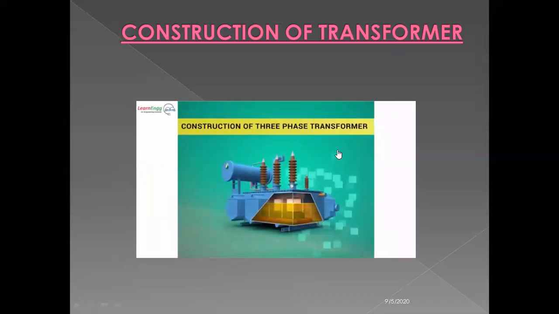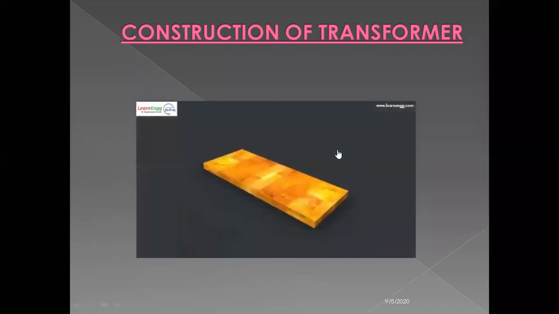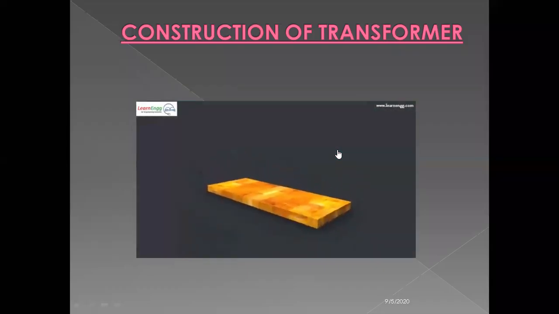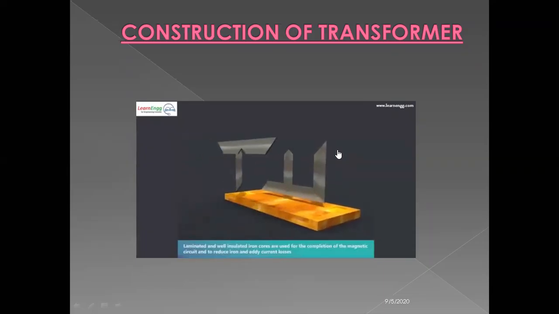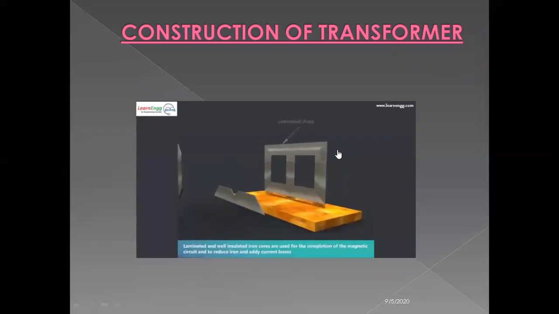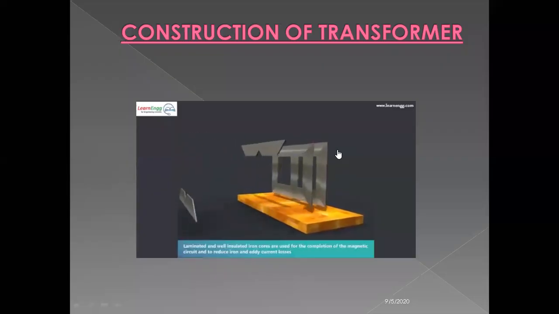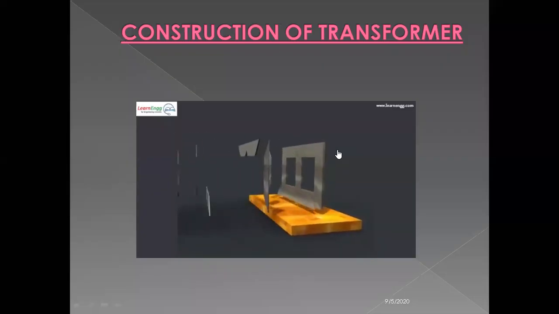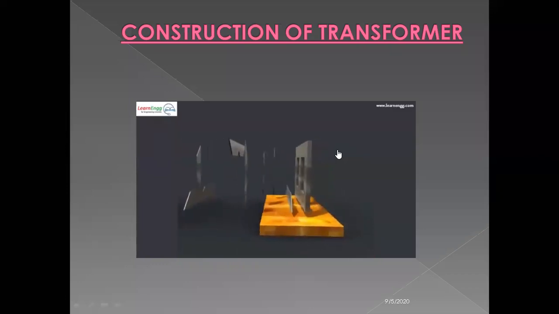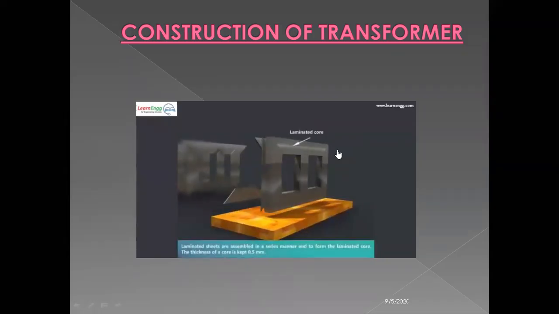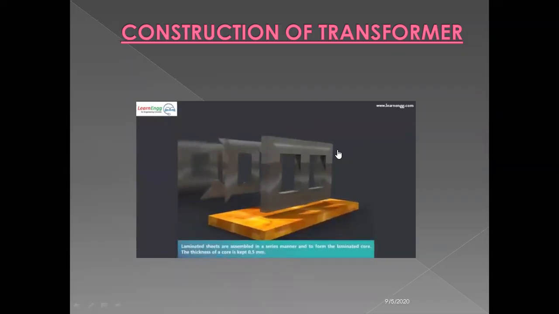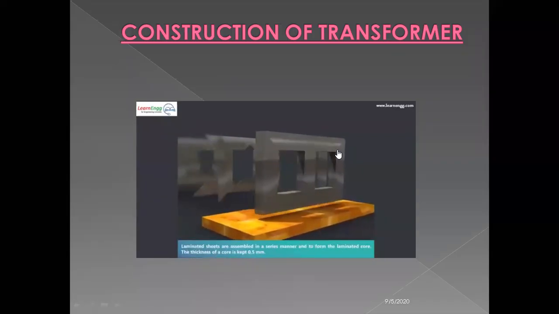Construction of three-phase transformer. We are going to see the construction of three-phase transformer. Laminated and well-insulated iron cores are used for the completion of the magnetic circuit and to reduce iron and eddy current losses. Laminated sheets are assembled in a series manner to form the laminated core.